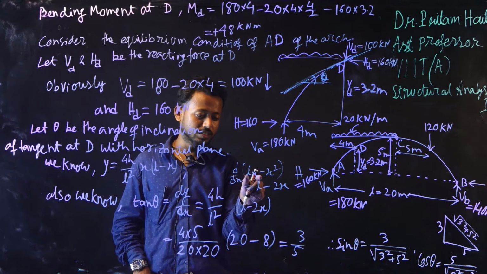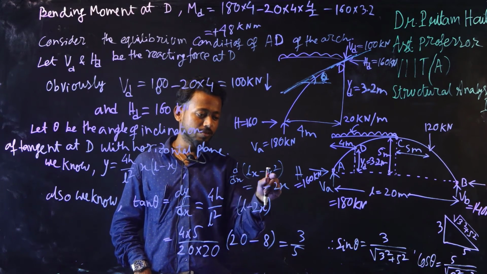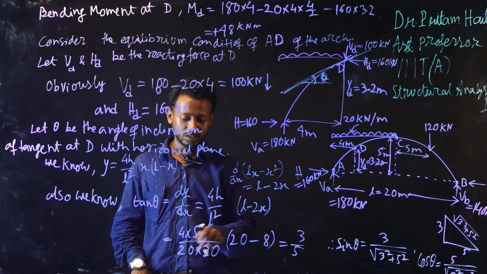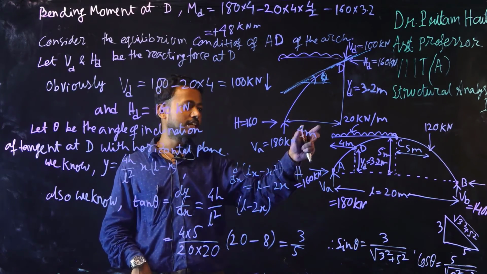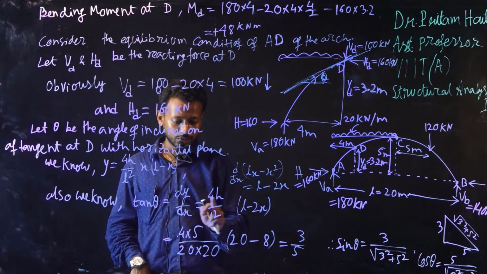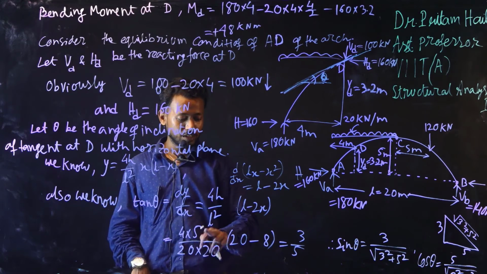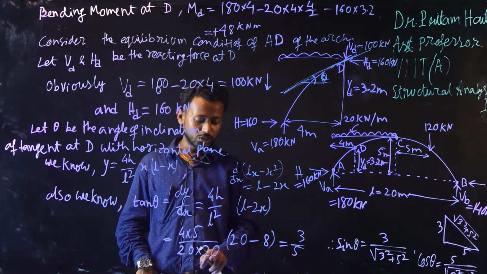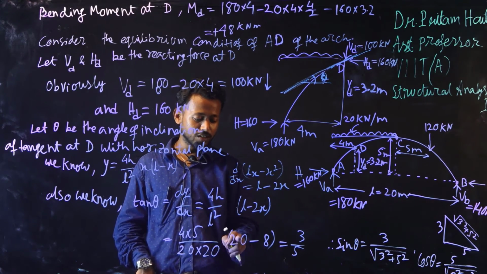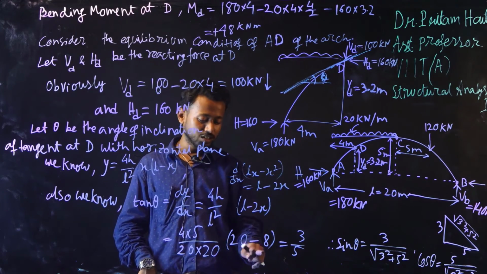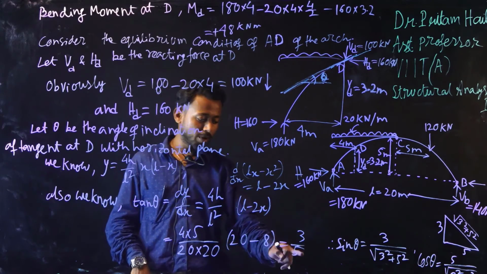The derivative of Lx is L and the derivative of x square is 2x. So you have 4h by L square into L minus 2x. Now you put the value of x, that is 4 meter. You have, say, h equals 5. So put it here 5, L is 20. You put the value of L 20 here and here also, and x is also 4 meter. So 2 into 4, that is 8. So you have tan theta equals 3 by 5.